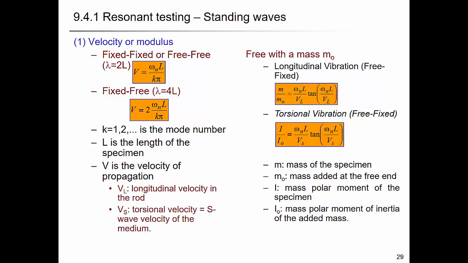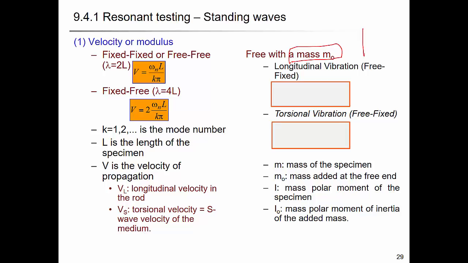If you study more about the resonant column test, there's a way to correct for the added mass at the top. For the driving system, you're assuming that you're adding an additional mass, m naught, at the free boundary condition.